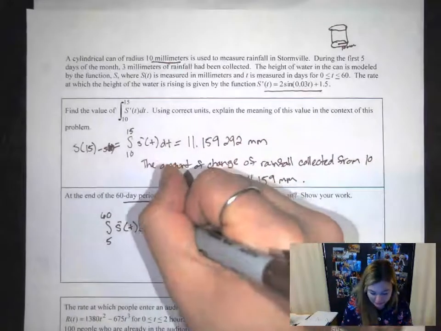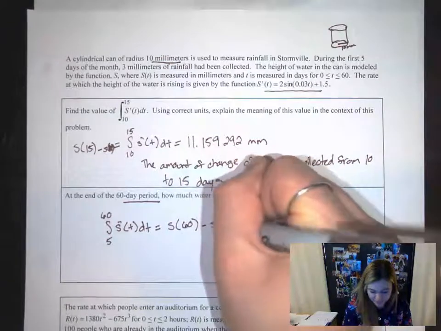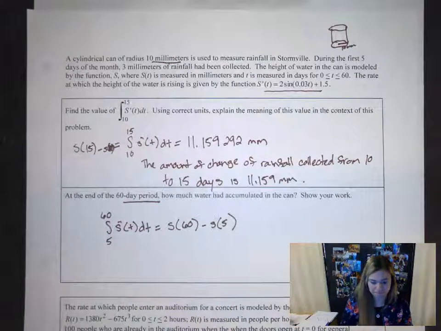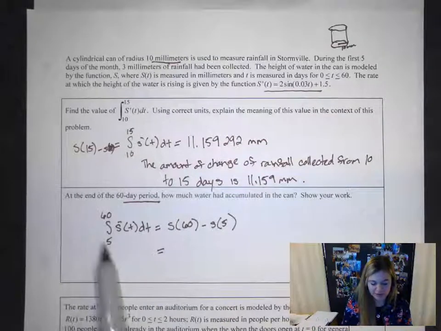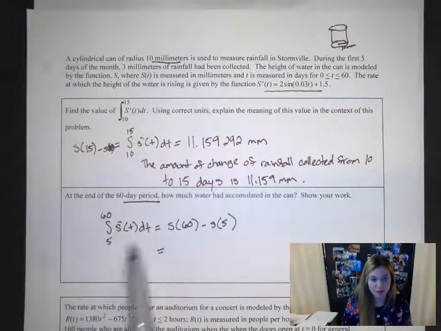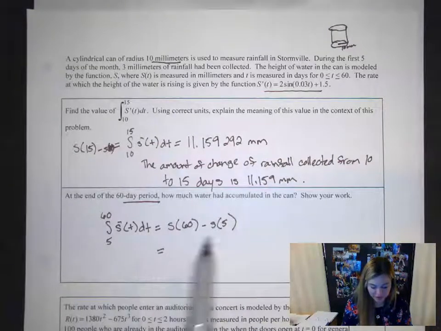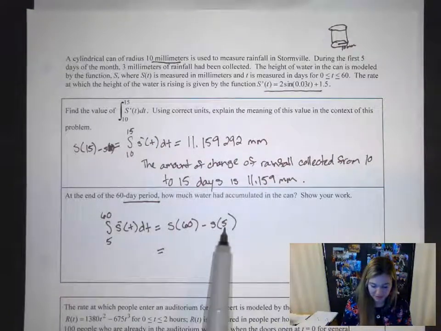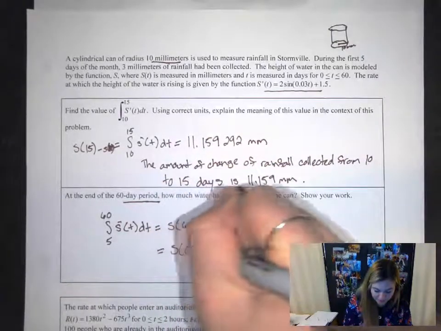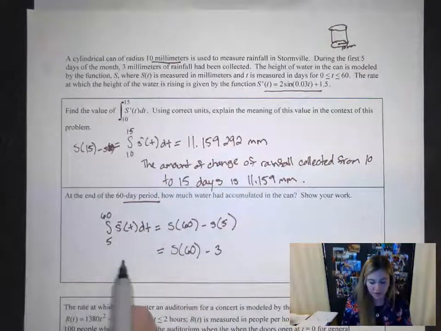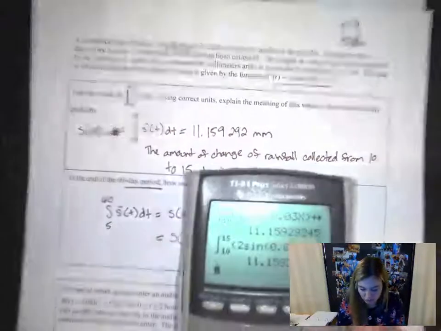So I'm going to say that's equal to S of 60 minus S of 5. Because we don't actually know from 0 to 60, we wouldn't be able to figure that out because we didn't know how much was in there to start. But we did know that from 0 to 5, 3 millimeters have been collected. So over here, I'm going to use this that I used before.